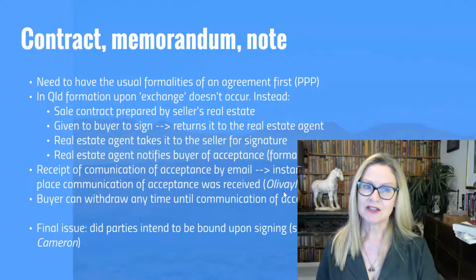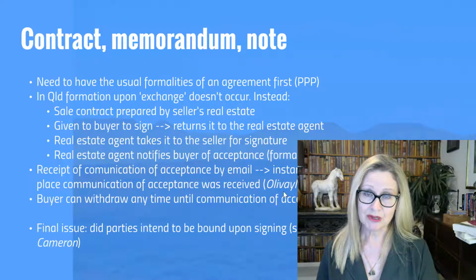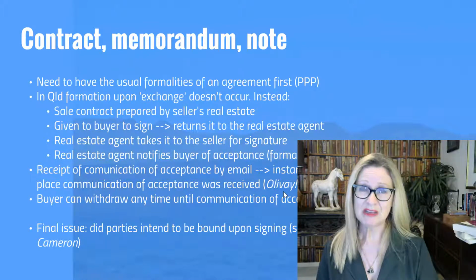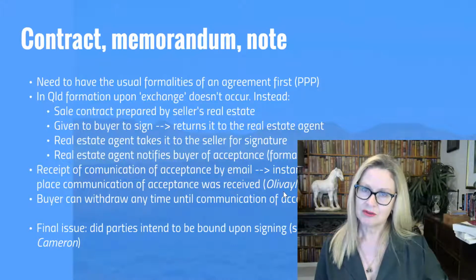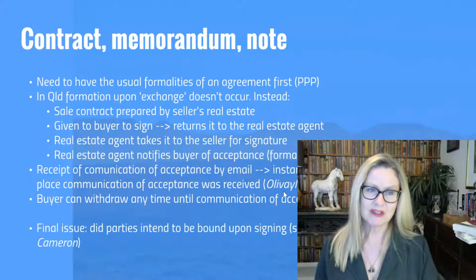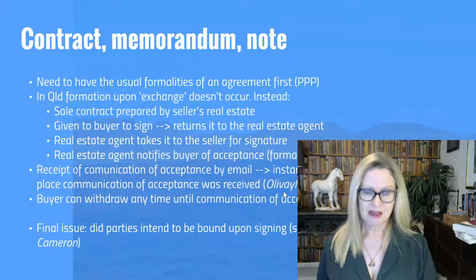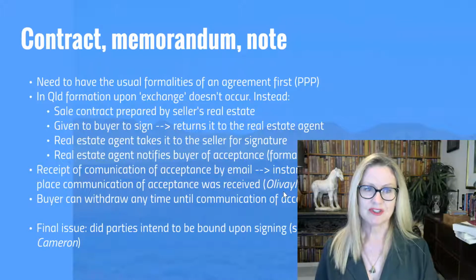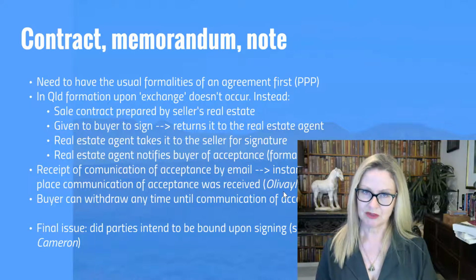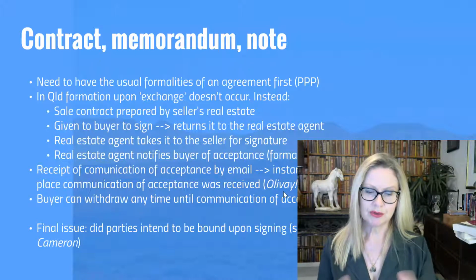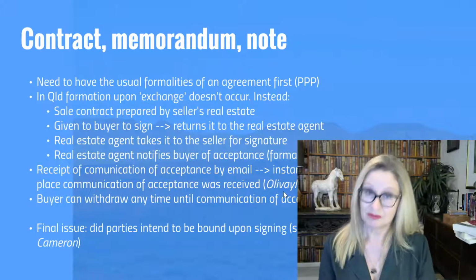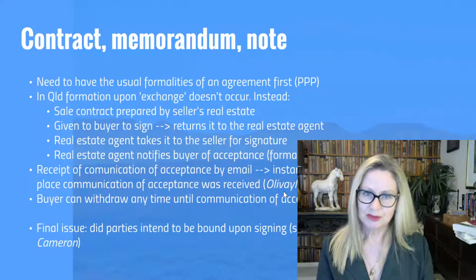In Queensland, a little bit different to New South Wales for all you New South Welsh people, we don't have the whole contract being formed upon exchange here in Queensland. The usual way that it goes is you'll get a sale contract that's been drafted up by the real estate agent. They will give it to the buyer to put their offer down in writing, and then they'll sign it, and take that away to the seller.